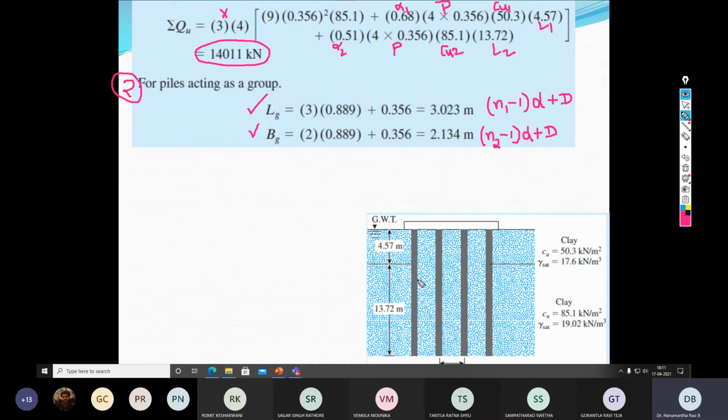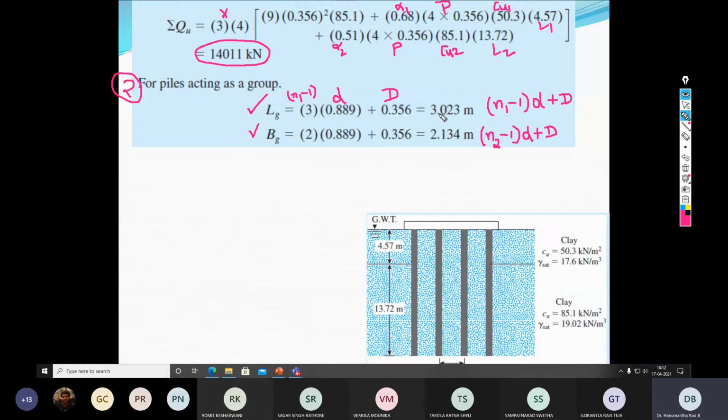So in length direction, there are 4 piles. So 4 minus 1 into the spacing, which is 0.889. So this is n1 minus 1 into the spacing plus capital D, the diameter of the pile.